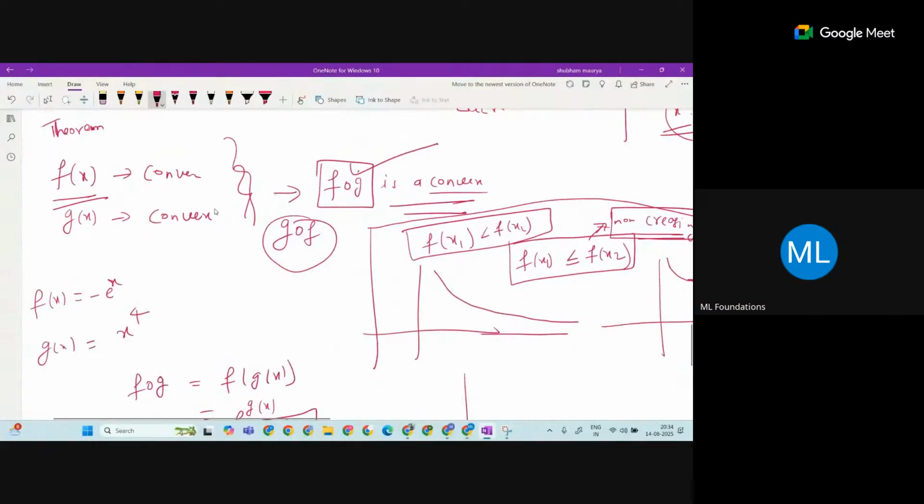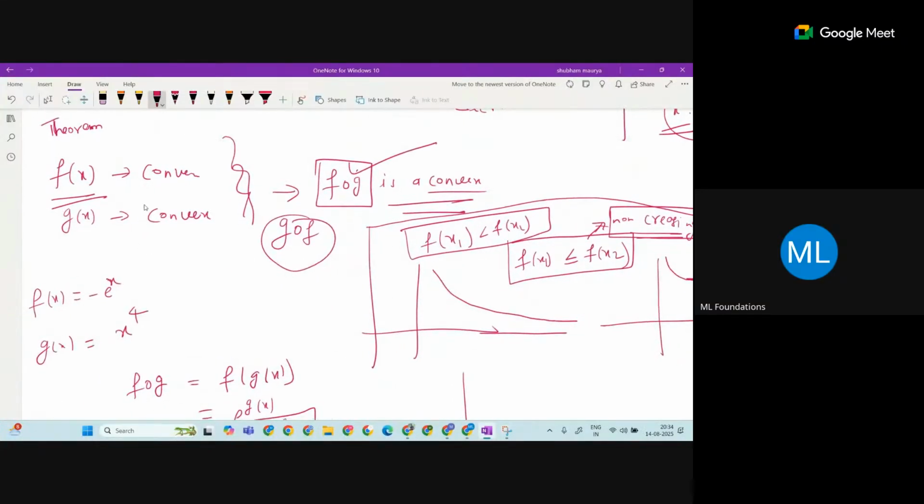If f and g both are convex, the composition may not be convex. If both functions are convex, it still doesn't tell you that the composition is convex.